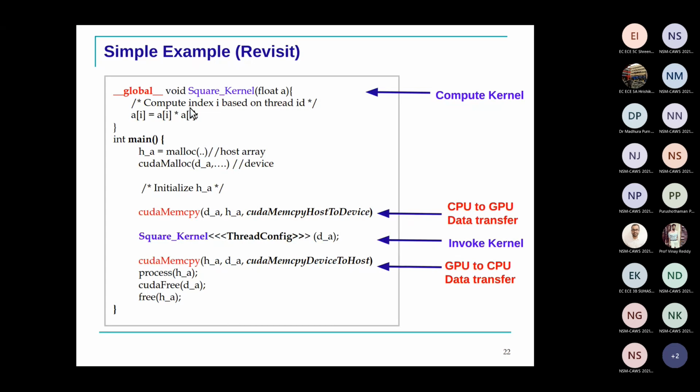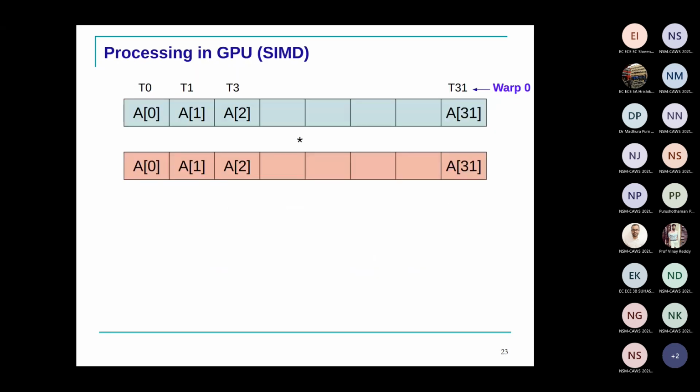Let's see how the GPUs execute these instructions, how the warps execute them. Let's say warp 0 is trying to perform the multiplication operation, and in warp 0 you have 32 threads, numbered T0, T1, T2, etc. up to T31.